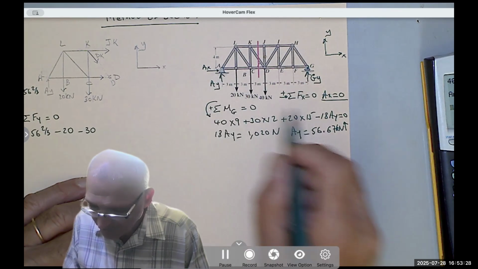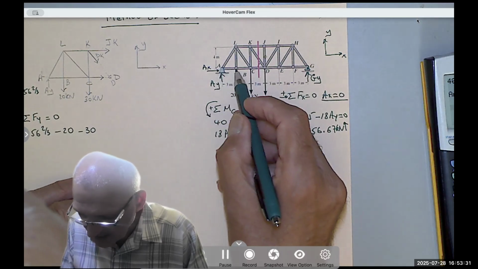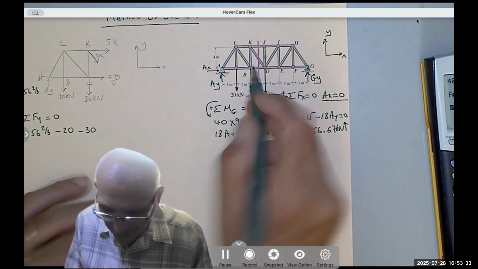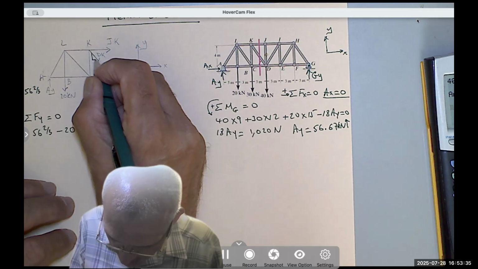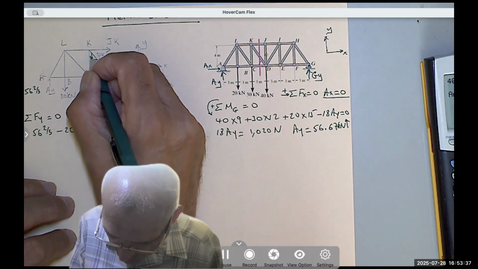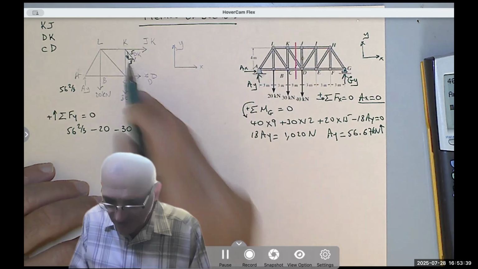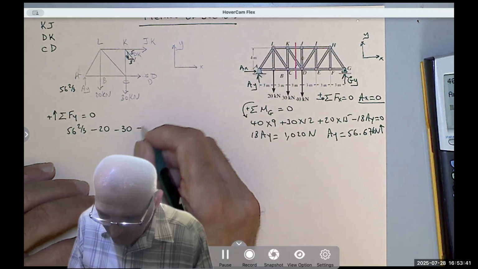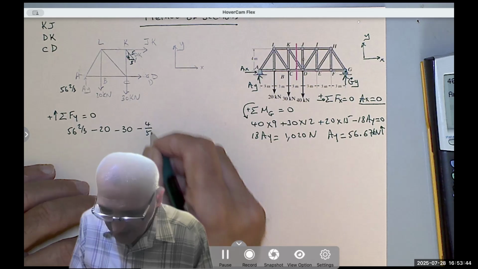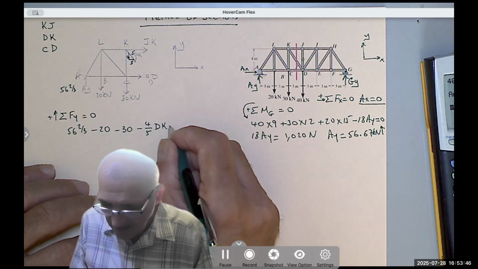If you look here, you will see again, this is 3, 4, 5. So the slope here, horizontal is 3, vertical is 4, and this is 5. So the vertical is minus 4/5 of DK equals 0.